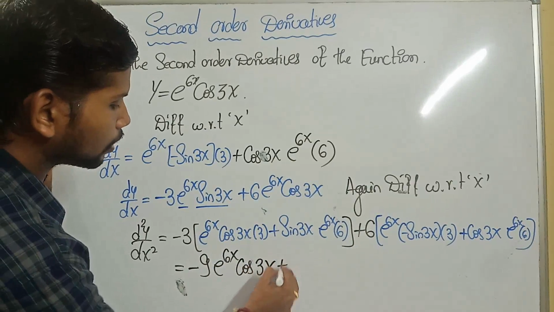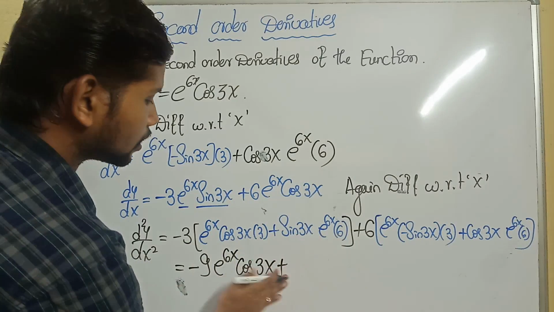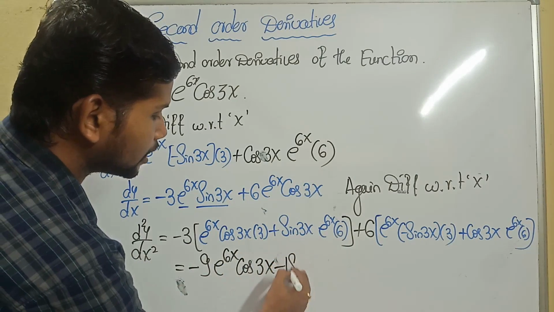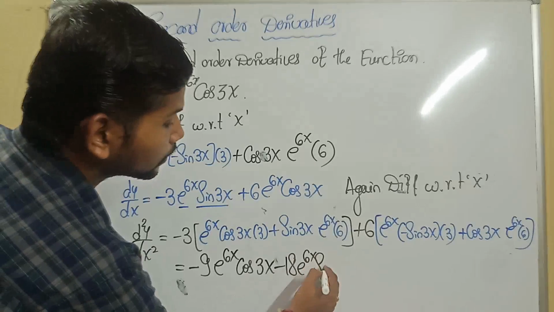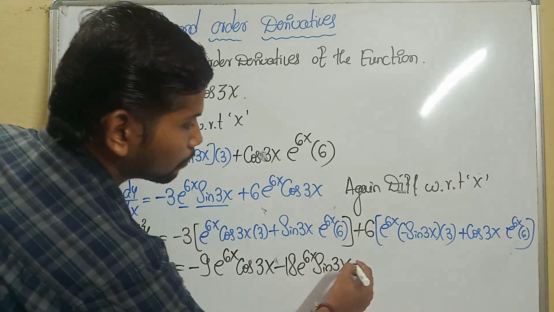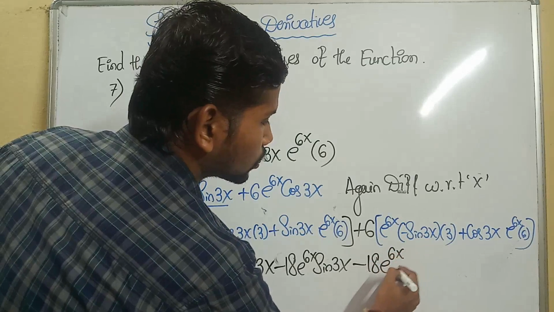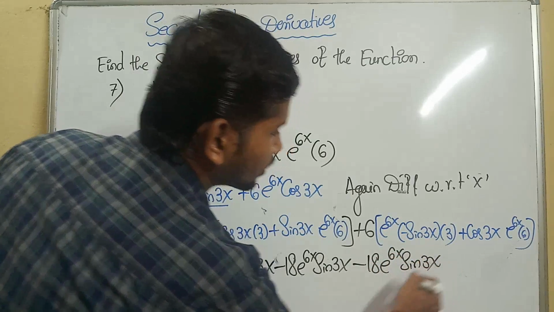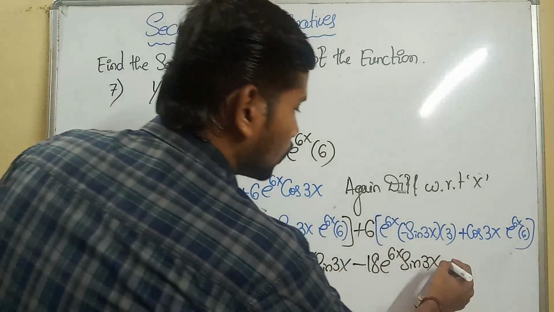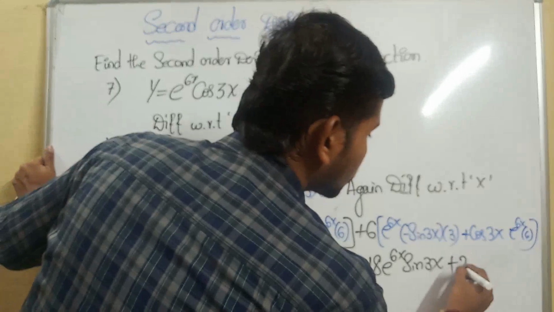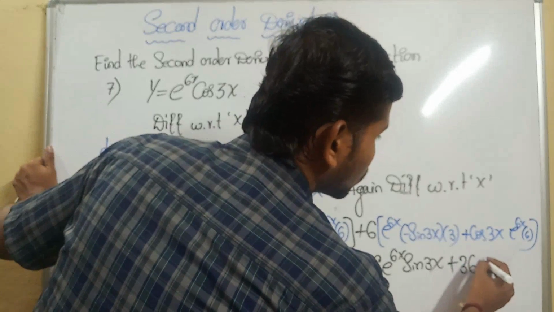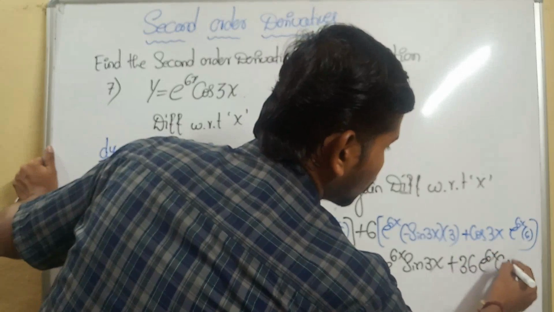Now plus minus 3 into 6, it is minus 18 e raised to 6x sine of 3x, minus 6 into 3, minus 18 e raised to 6x sine of 3x. It will be plus 6 into 6, 36 e raised to 6x cos of 3x.